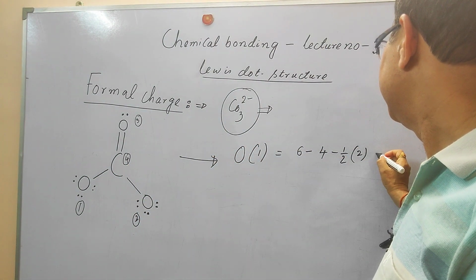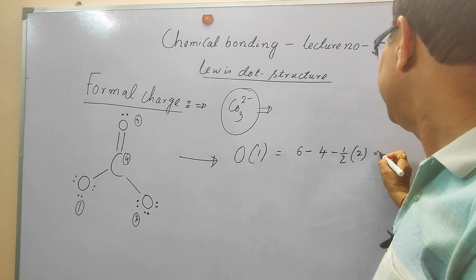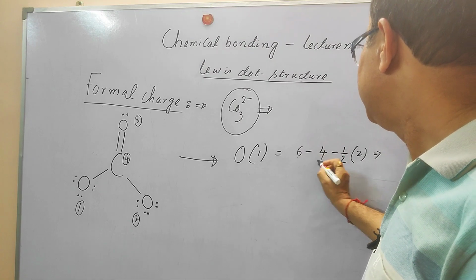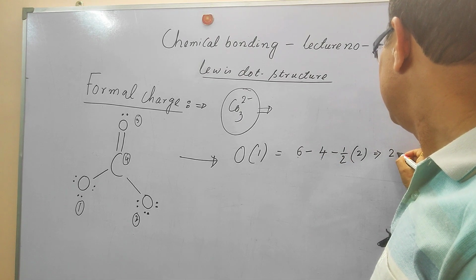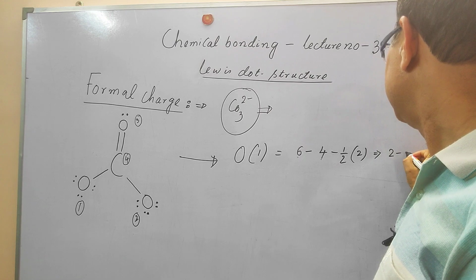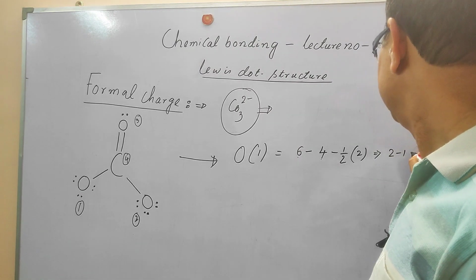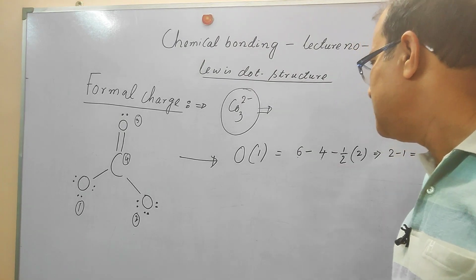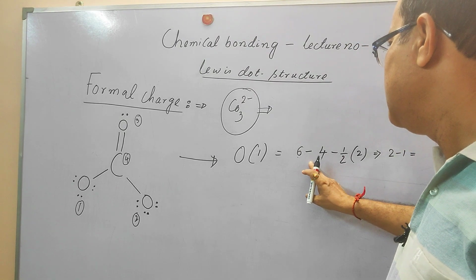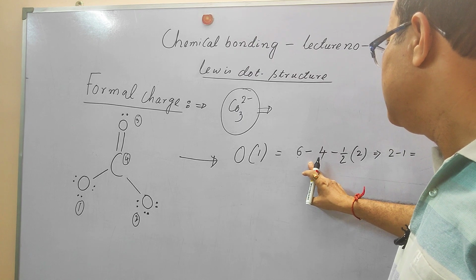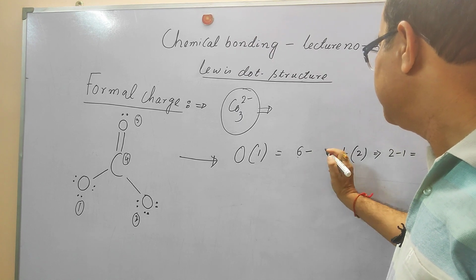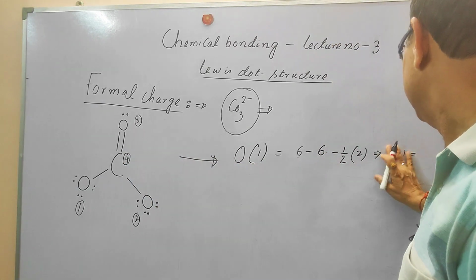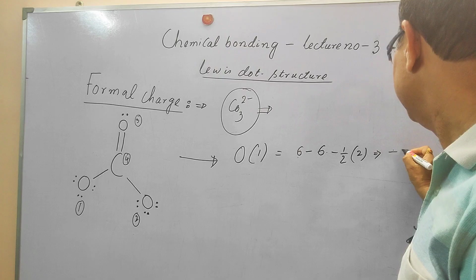So we get 6 minus 6 minus 1, which will be minus 1.